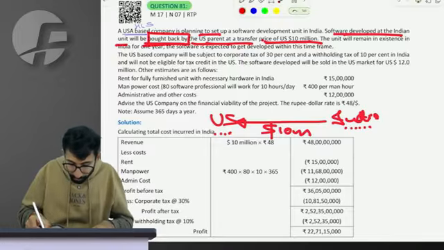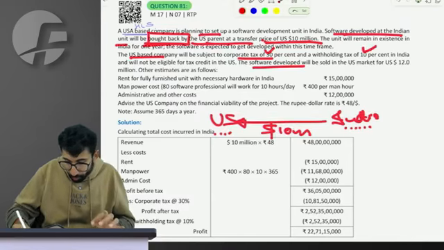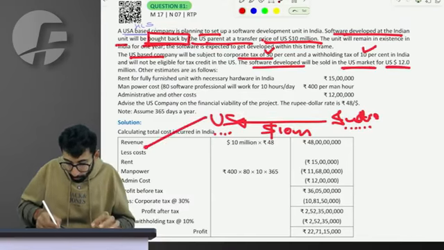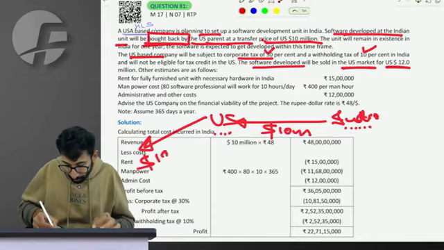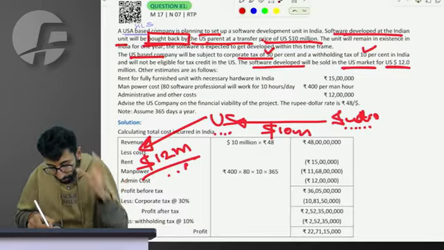The US based company is subject to 30% corporate tax rate and 10% withholding tax rate. The software will be sold in the US market for $12 million.